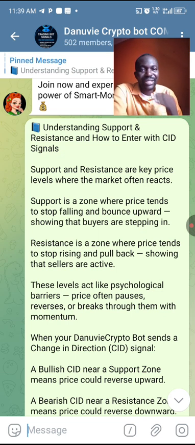You cannot just say that Bitcoin being at $90,000 is a support level. No. A support level will be Bitcoin being within the range of, let's say, $90,000 and $95,000. That range between $90,000 and $95,000 is what is called a support level, a support zone.